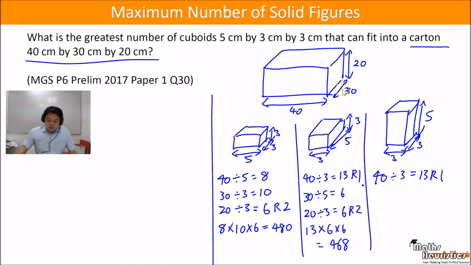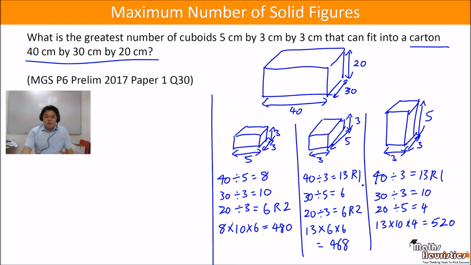Along this 30 cm edge, that will be 30 divided by 3 to give us 10. And along this 20 cm edge, that will be 20 divided by 5 to give us 4. 13 times 10 times 4 would give us 520. So we see that among the 3 of them, 520 is the maximum number.